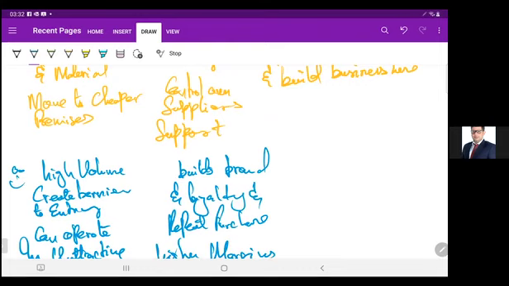What are the benefits of focus? It develops brand loyalty.